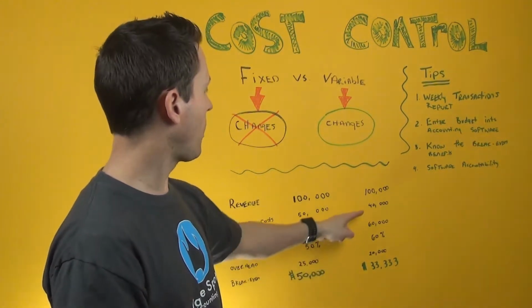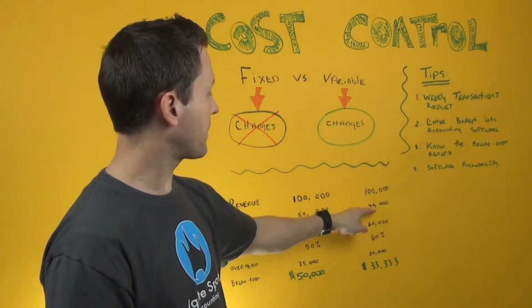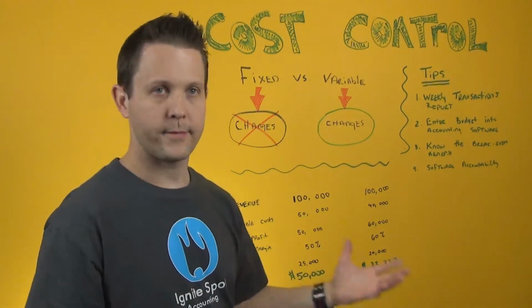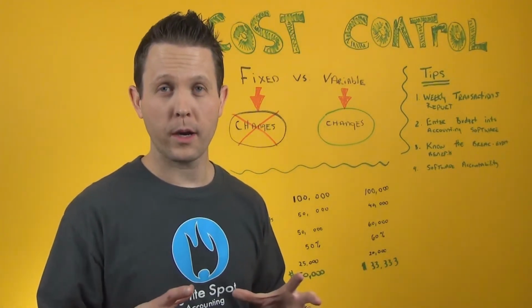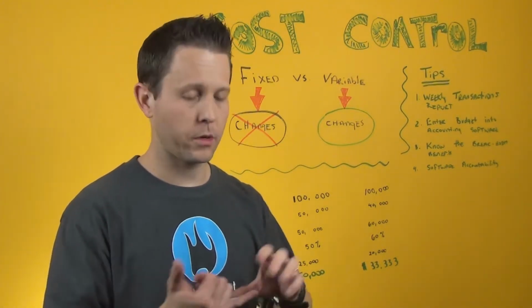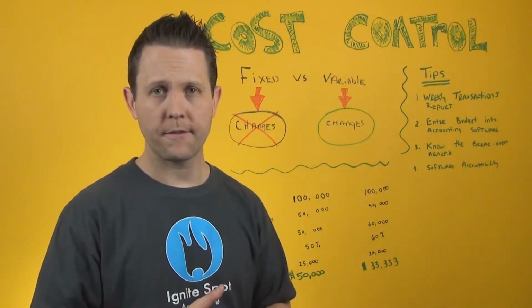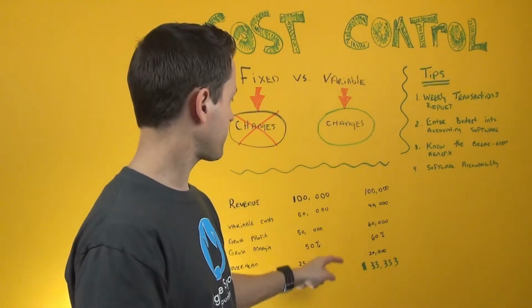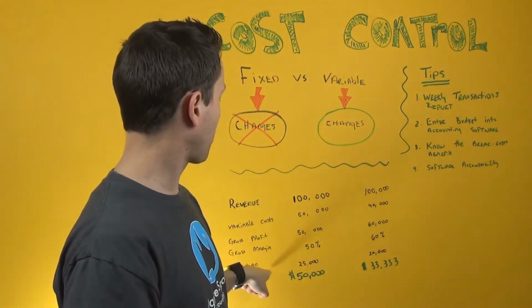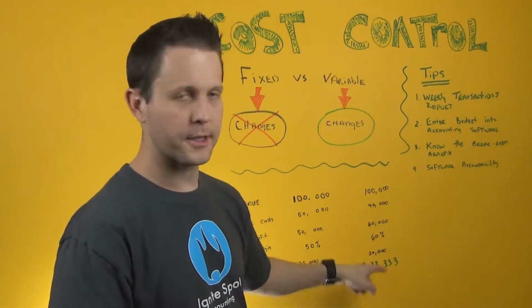Now, so what we've done is we've decreased our variable cost by $10,000, or we're pretending that's $1 per unit. And if you work really hard on your product, you probably can save $1 per unit by working with manufacturers, trying to figure out labor costs, anything that goes into that. You could probably scrape out $1. Now watch what happens if we take their overhead and we go from $25,000 down to $20,000.